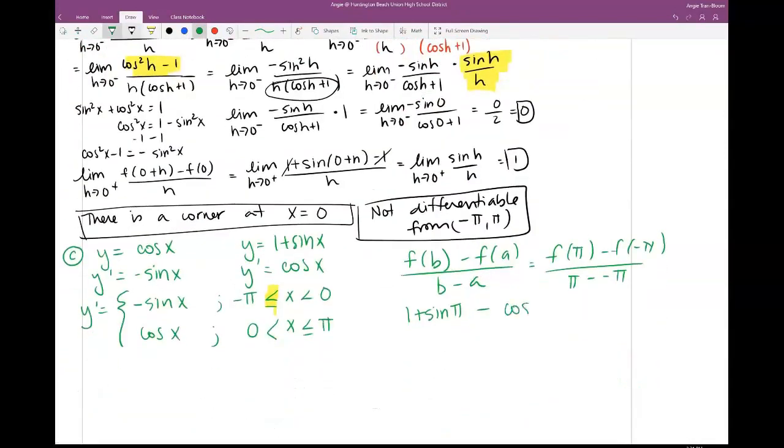So that's minus cosine of negative pi, all over 2 pi. Sine of pi is really 0, so 1 plus 0 is still 1. Cosine of negative pi is negative 1, so that's what I now have. So that's going to give me 2 over 2 pi, which is really 1 over pi. Okay, so that's the slope of the secant line.